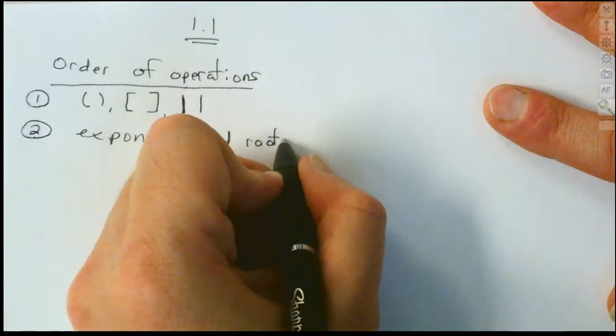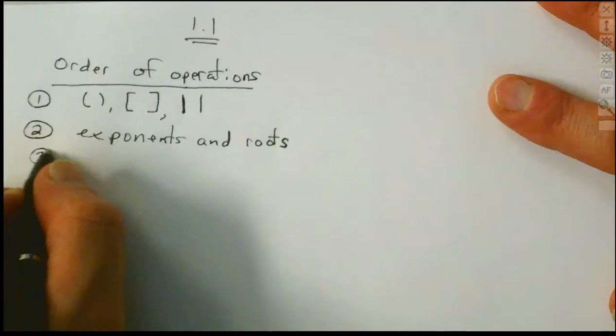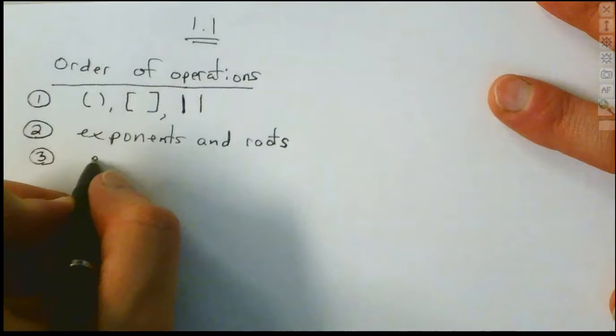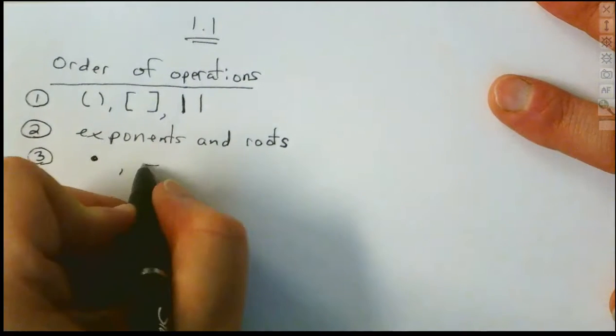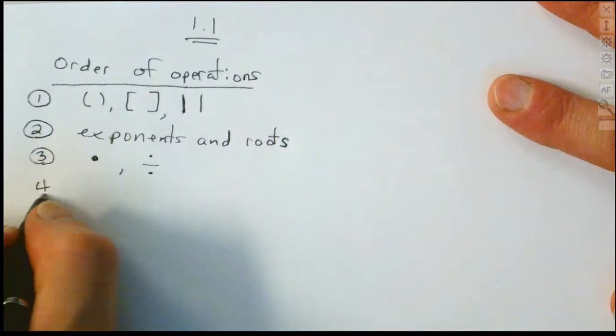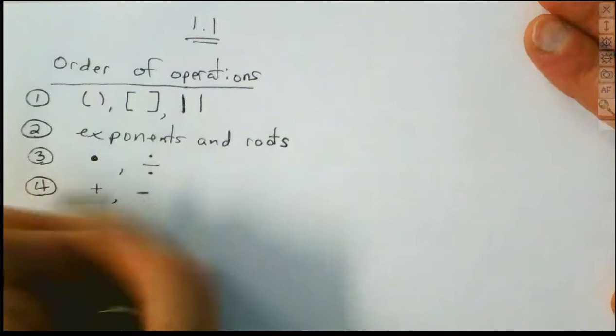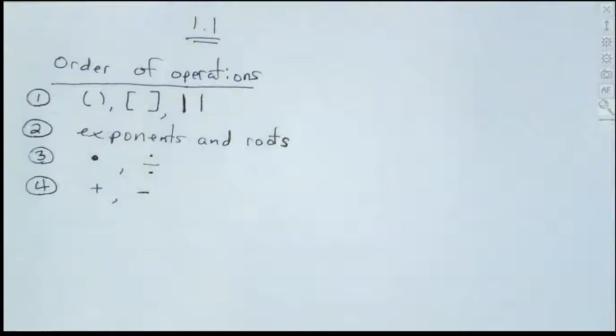So those are going to be done second. Then we go to multiplication and division, working from left to right. And then the very last thing that we work through is addition and subtraction. So that's our order of operations.